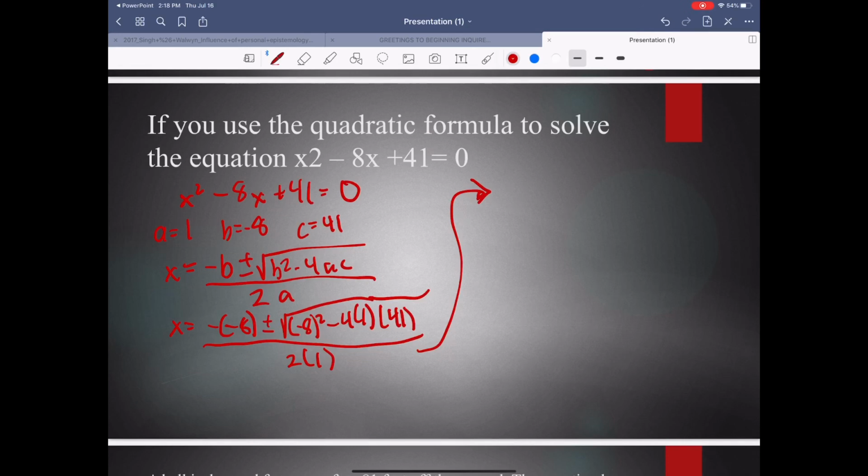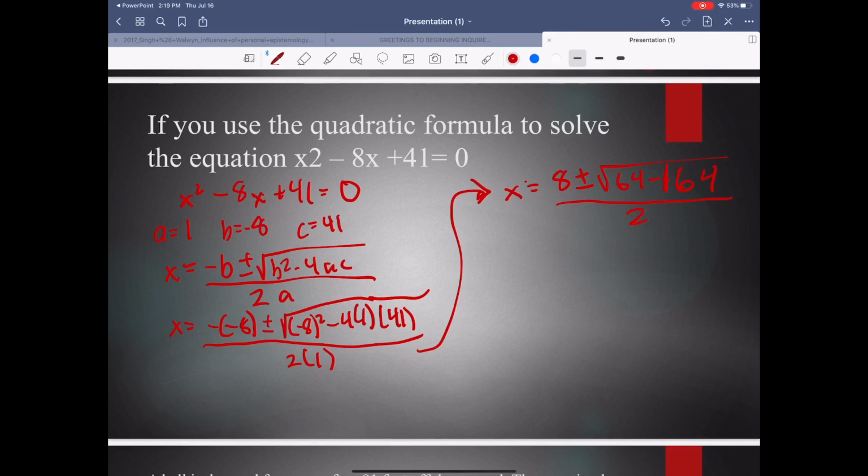So -1 times -8 gives me +8 plus or minus the square root of 64 minus 4 times 41, which is 164. All this divided by 2.